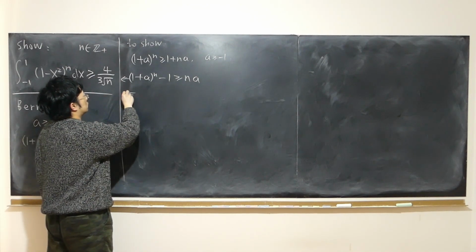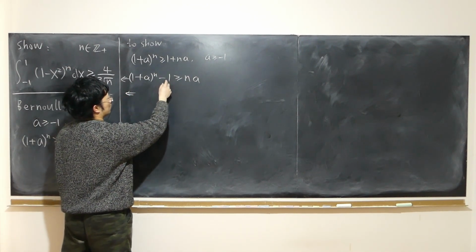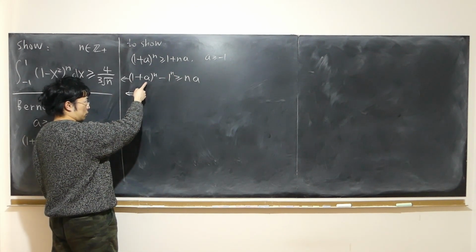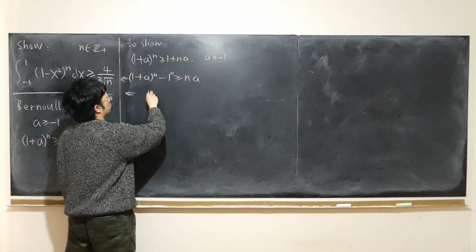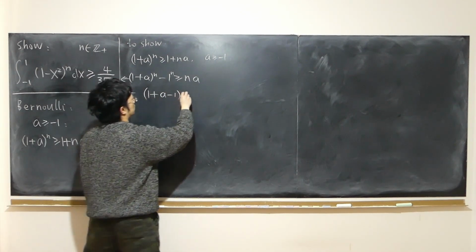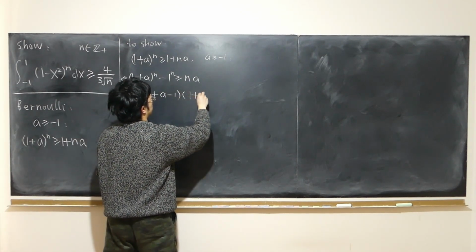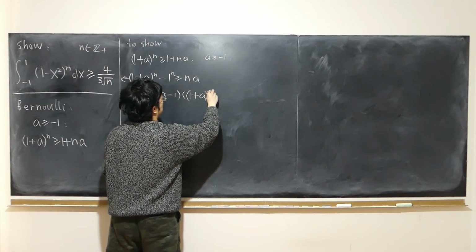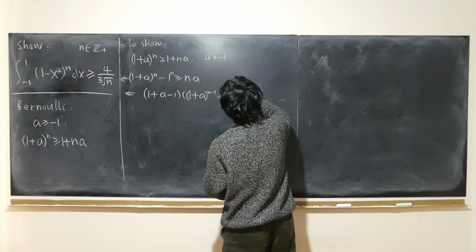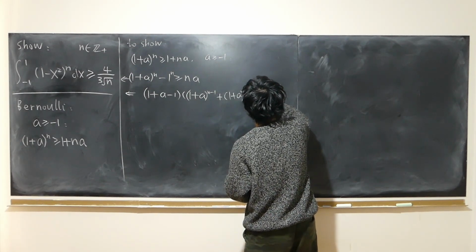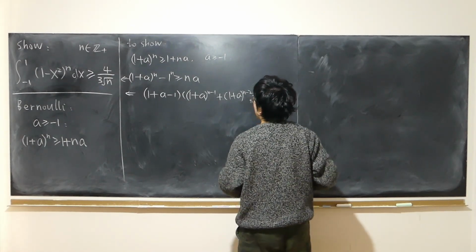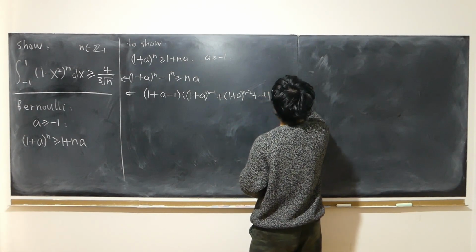In other words, because 1 can be written as 1 to the power of n, we have the formula of the difference between nth powers. Therefore, (1 plus a minus 1) times the quantity (1 plus a) to the power of n minus 1 plus (1 plus a) to the power of n minus 2, the power just keeps reducing all the way down to power 0, then all the way down to 1, is bigger than or equal to na.